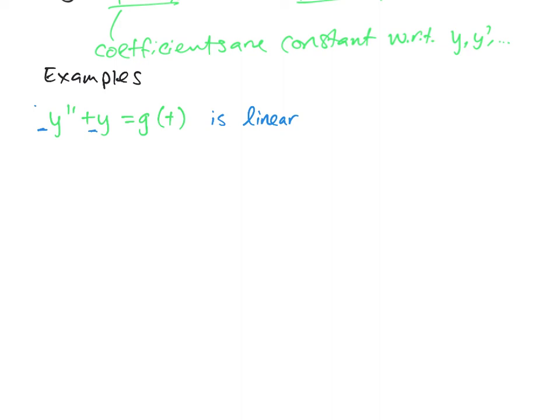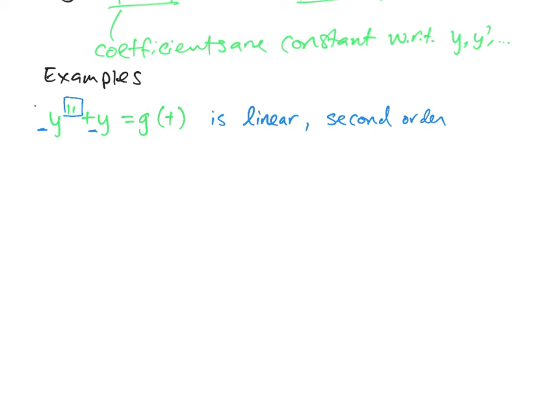In fact, these have constant coefficients. So we don't have crazy things happening with the y's. We don't have y double prime times y. We don't have cosine of y. We don't have e to the y, anything like that. It's linear, and it's second order because the highest derivative is 2.